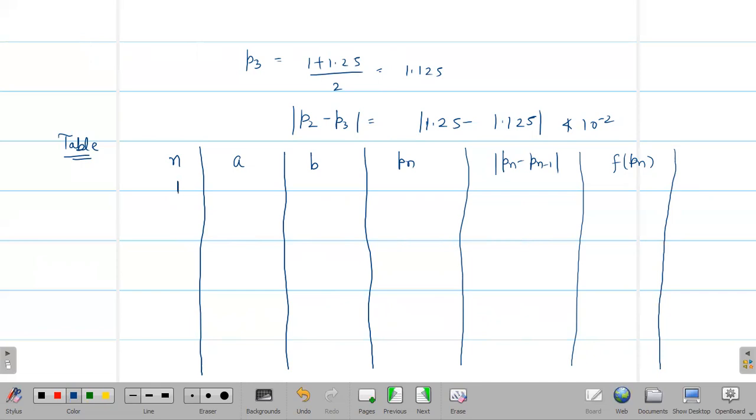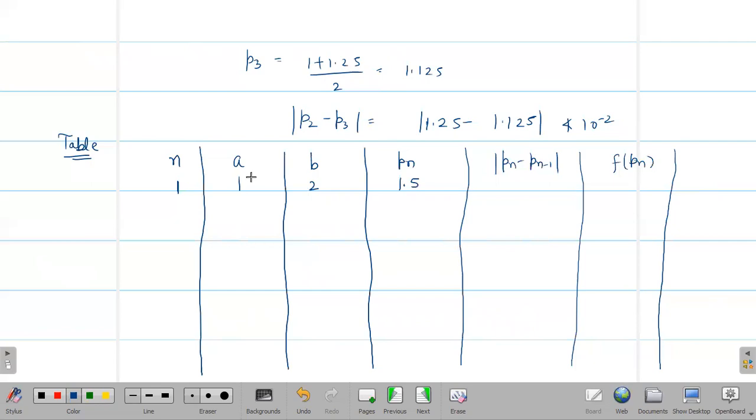So in the first iteration, I have 1 and 2, meaning A and B were 1 and 2, and our midpoint is 1.5. In the first iteration I had no need to check the tolerance.